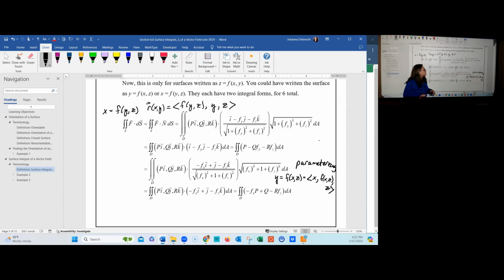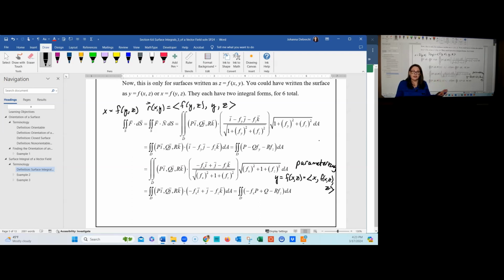And in this case, you're going to get the +1 on i hat, since that's the one that you have written in terms of x equals. And that will change your formula on the double integral over the parameter domain D to be P minus Q times the partial of f with respect to y minus R times the partial of f with respect to z. This gives you three different formulas. One solved for z equals, one solved for y equals, and one solved for x equals.